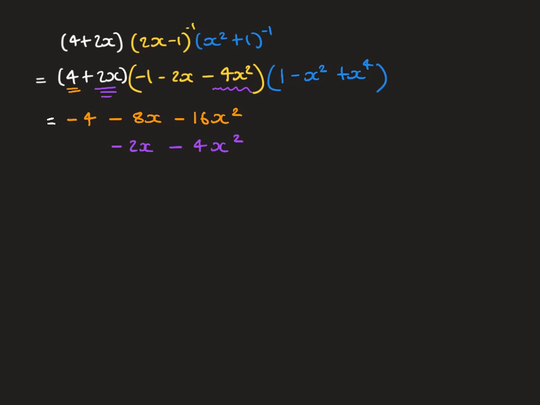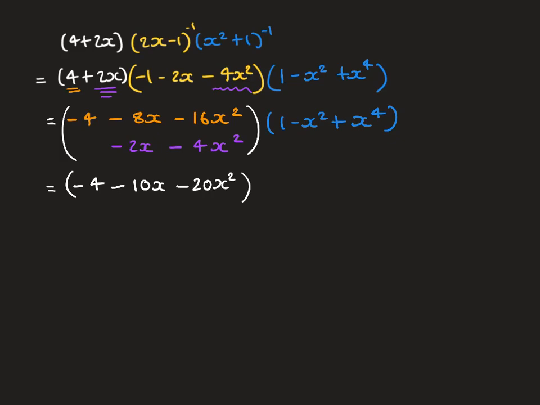Now, these need to be added together, and then we still need to multiply by 1 minus x squared plus x to the power 4. So we haven't done the blue part yet. Let's simplify the product of the first two brackets first of all, which is negative 4 minus 10x minus 20x squared. And the blue bracket is 1 minus x squared plus x to the power 4.